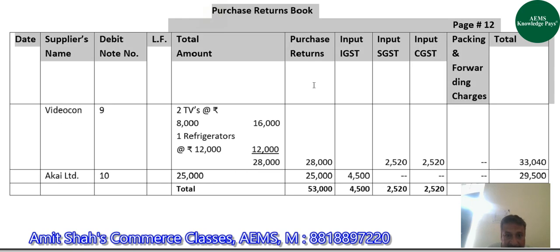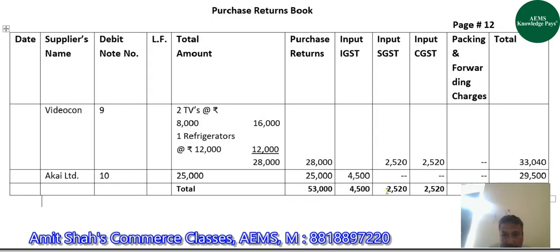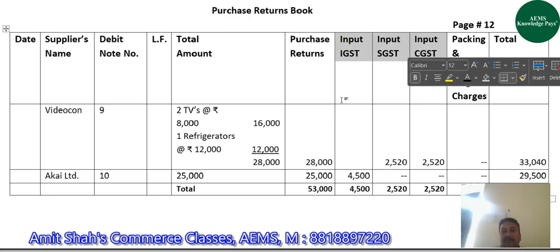So guys, from the purchase return book also, the total of input SGST and CGST will go to their respective accounts in the ledger. You know that in case of purchase returns, these accounts are getting credited.